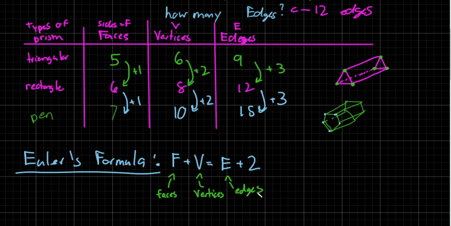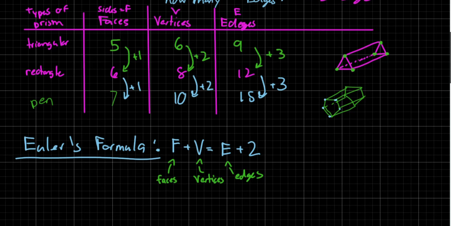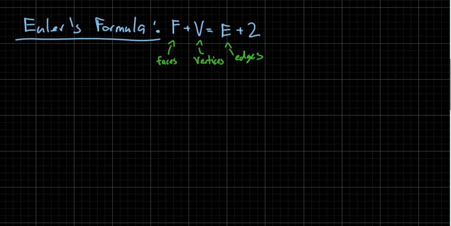Now, this doesn't just apply to prisms. It also applies to other shapes. Do you guys want to do a funky pyramid? No? Well, too bad. We're doing a funky pyramid. How are pyramids and prisms different? Okay.